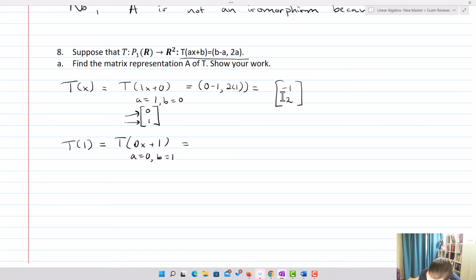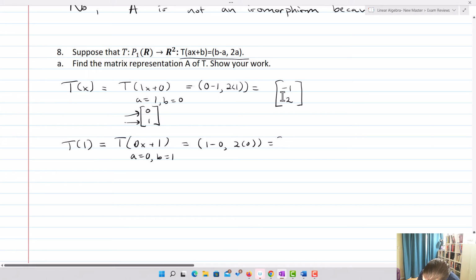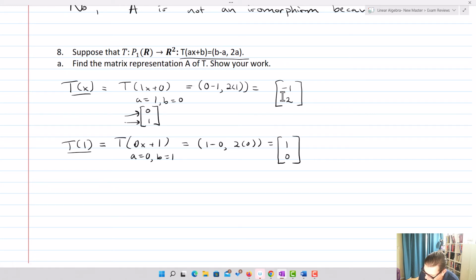And that'll equal 1 minus 0 and 2 times 0, which equals 1, 0. Now, the 1's come first, the x's come second, when we're talking about the standard basis for polynomials. So my matrix of the transformation, A, is equal to 1, 0, negative 1, 2. And there we are.